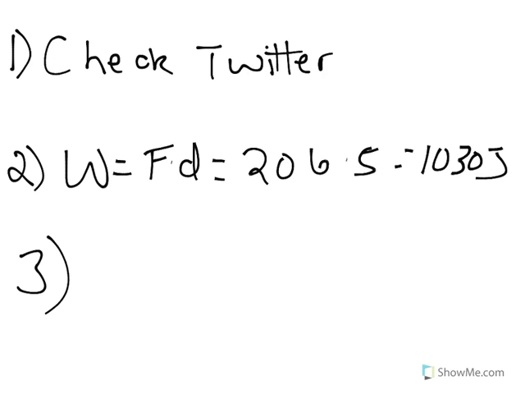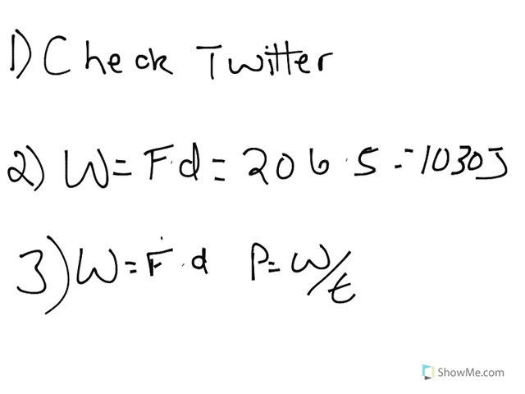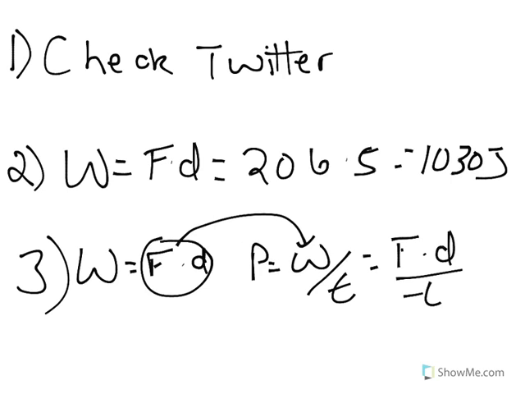A conveyor system at the local packaging plant will utilize a motor-powered mechanical arm to exert a force of 890 newtons to push a distance of 12 meters in 22 seconds. Determine the power. So you need to know work is equal to force times distance. You also need to know power is equal to work divided by time. So you can plug this in, and you get power is equal to force times distance over time.